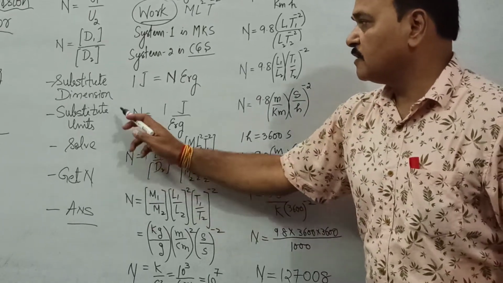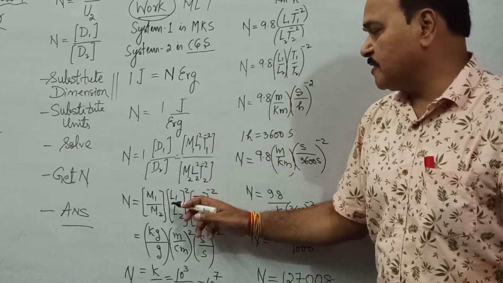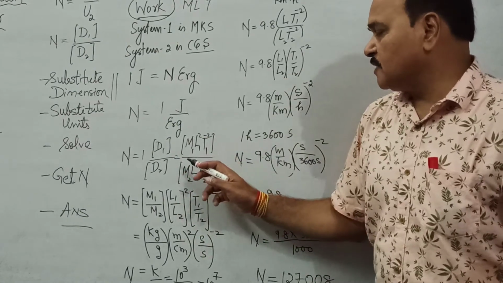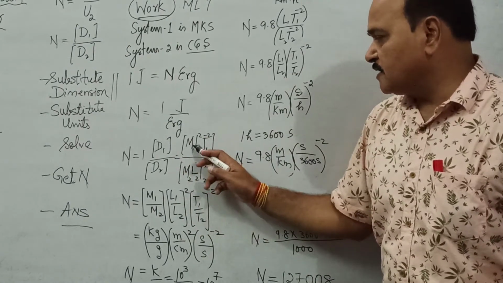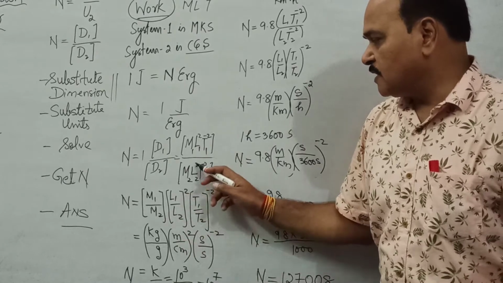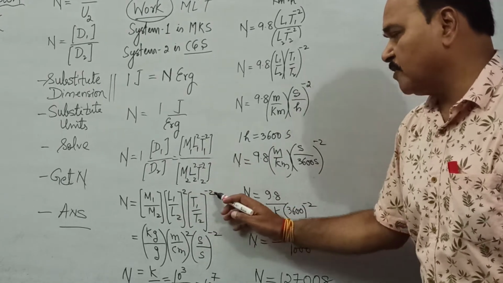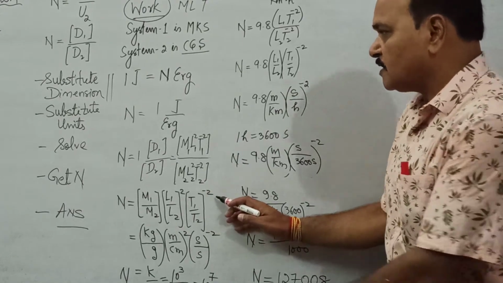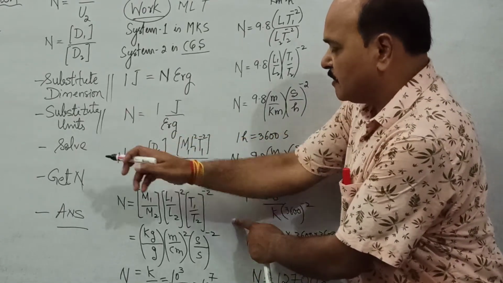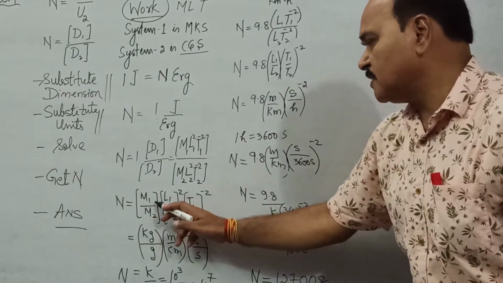Now solve it. This step, substitute dimensions, and after substituting dimensions, let us simplify it. This is M1 upon M2, this is L1 upon L2 whole square, and this is T1 upon T2 to the power minus 2. Now let us substitute units.